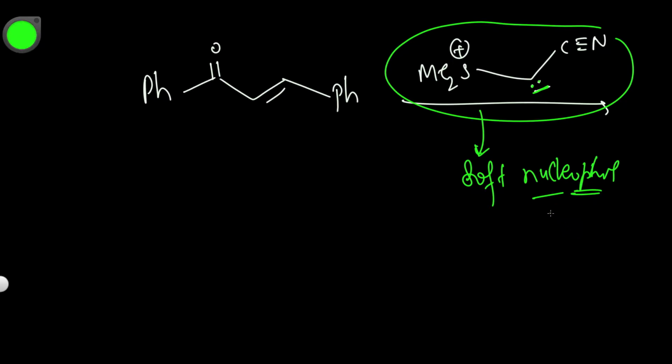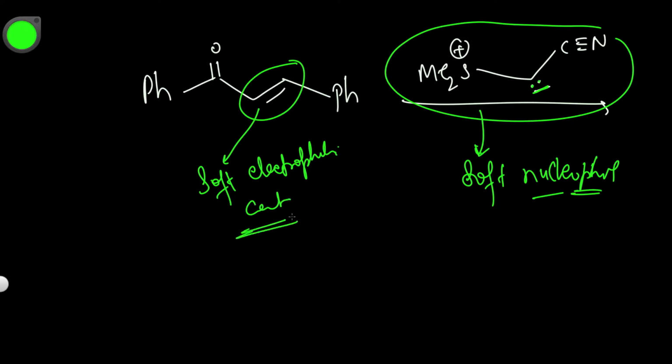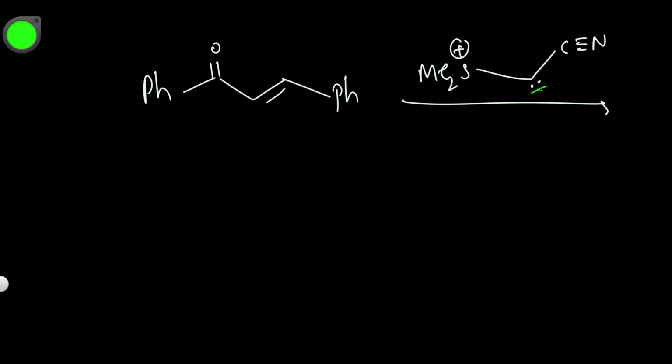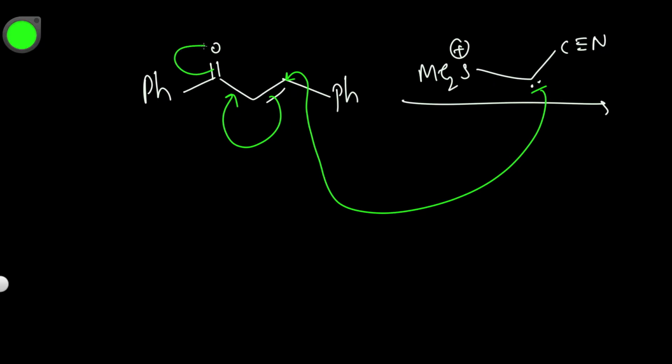And as you all know, the soft nucleophile will attack the soft electrophilic center, and you also know that this double bond is working as a soft electrophilic center. So now this negative charge will attack the double bond here, this double bond goes on this one, and this pi bond will shift onto the oxygen as a negative charge, and you will get something like this.